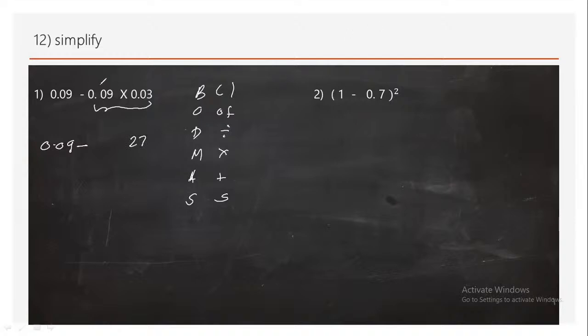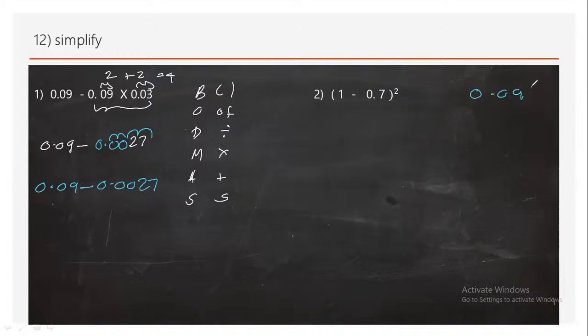Now count the decimal places. How many decimal places here? 2, here 2. Altogether, 4 decimal places. Now look at here. 4 decimal places here. So, 1, 2, 3, 4, right? Decimal is here. Then subtract from 0.09, so 0.0027. Then you can do the subtraction like this. I just do the rough work 0.09.